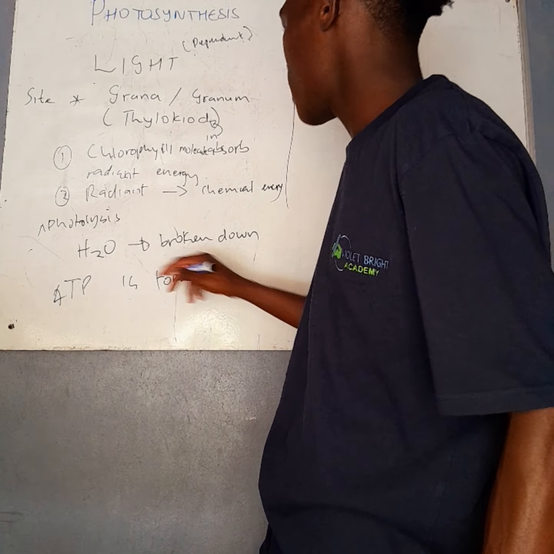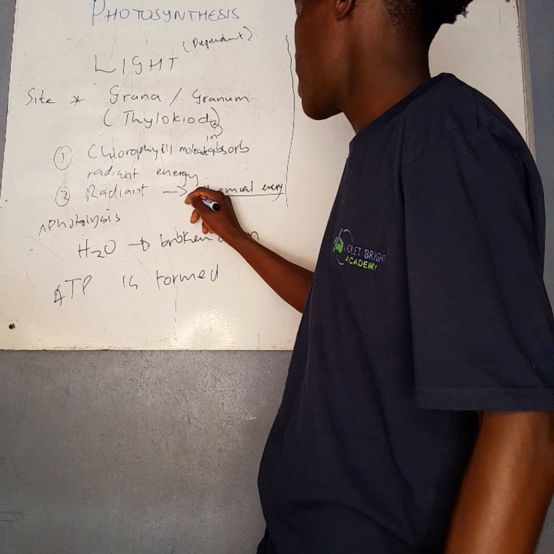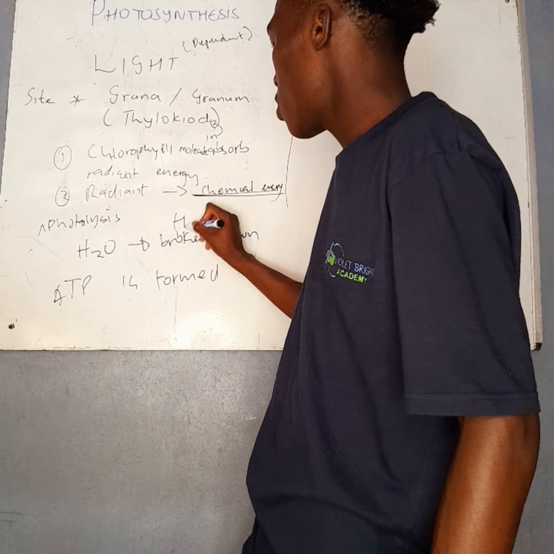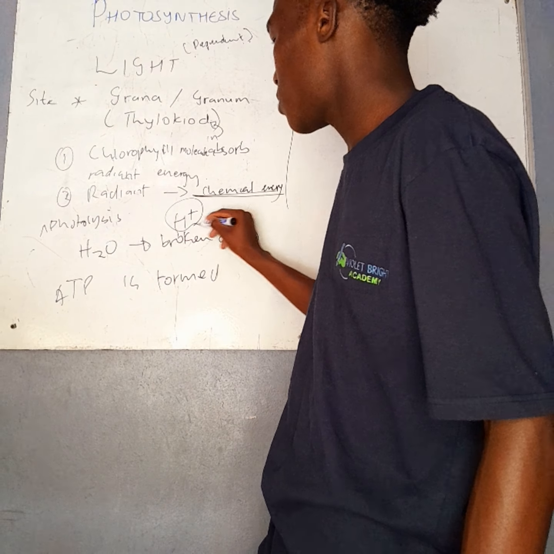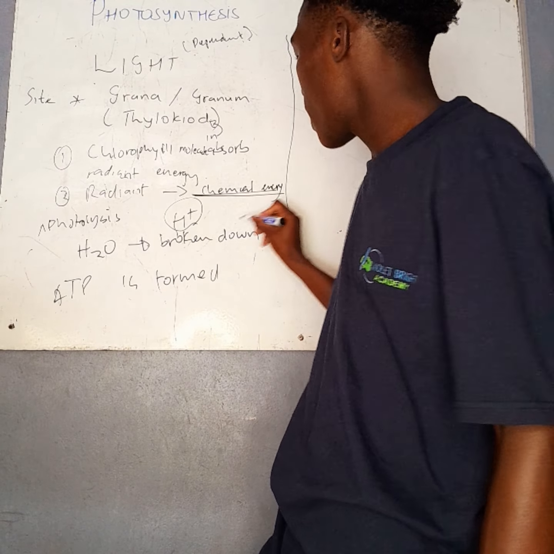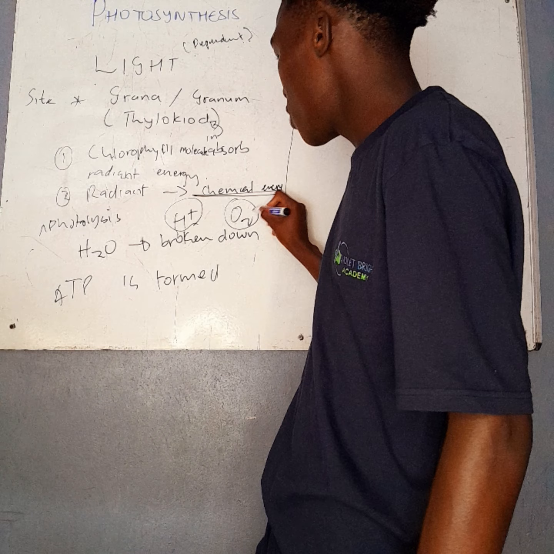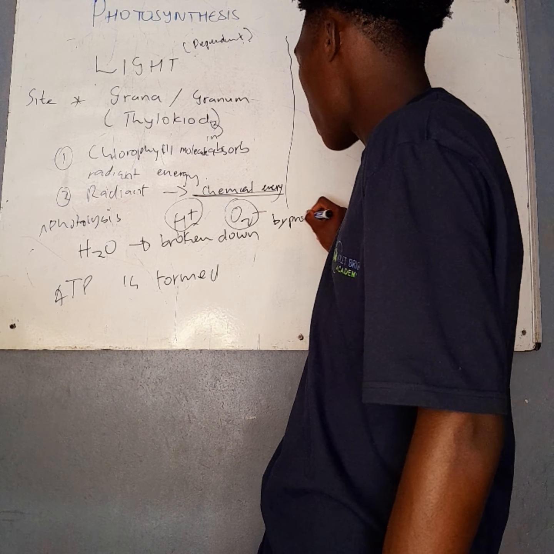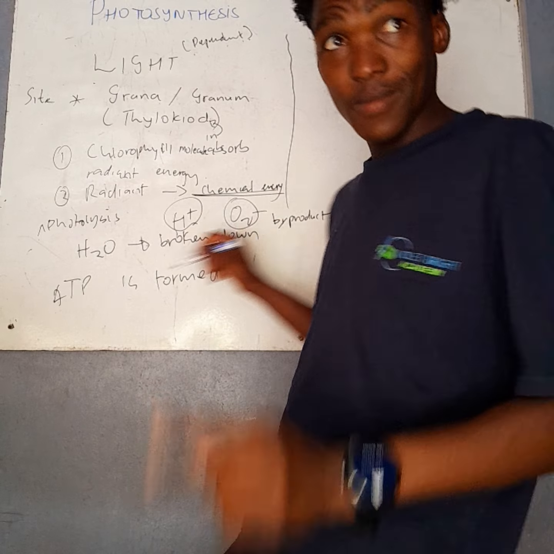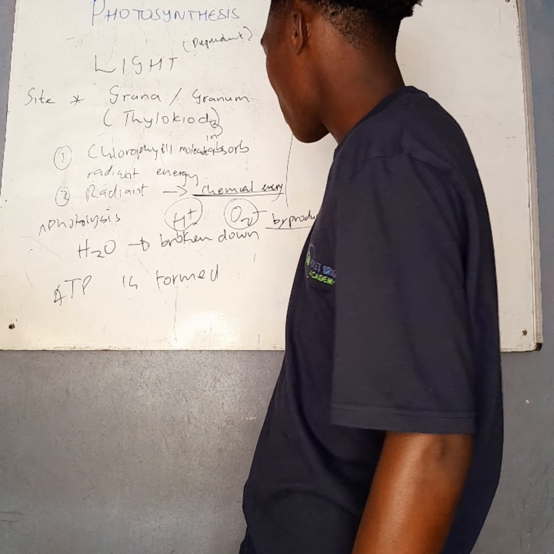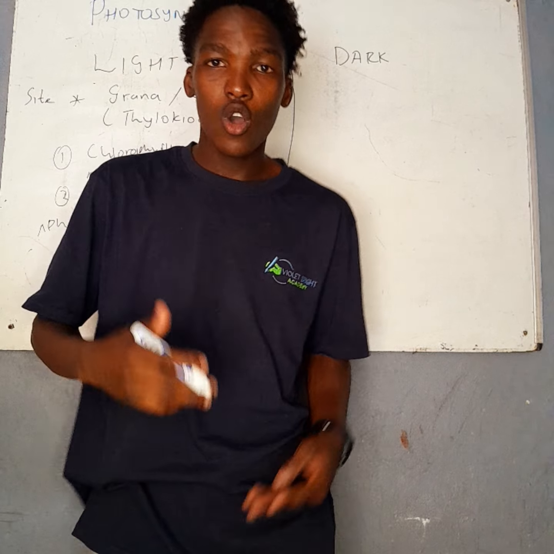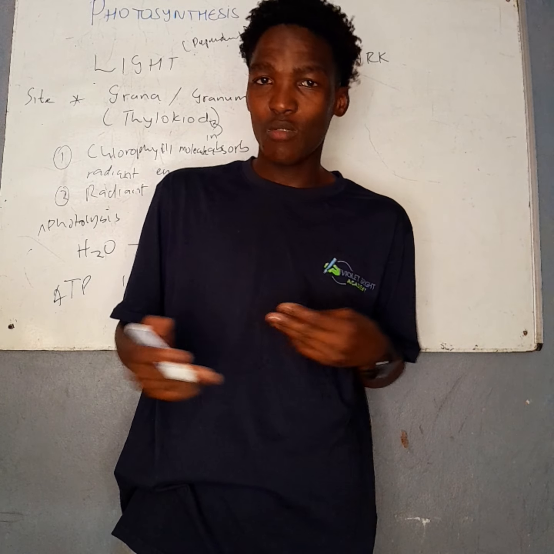So this will take place after it's converted to chemical energy. H2O will be broken down into two parts, into H plus, which is hydrogen rich atom, and also oxygen gas, which will be a byproduct. So this will now be oxygen that will be in the atmosphere.